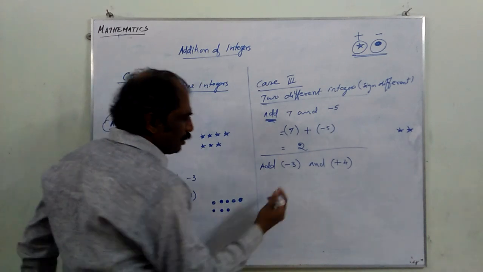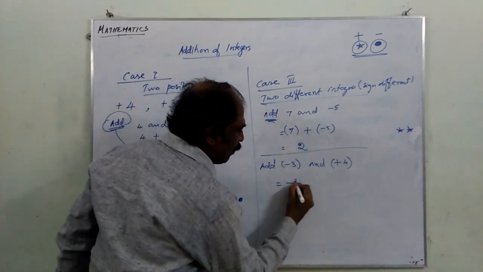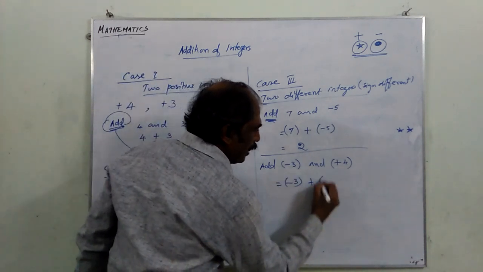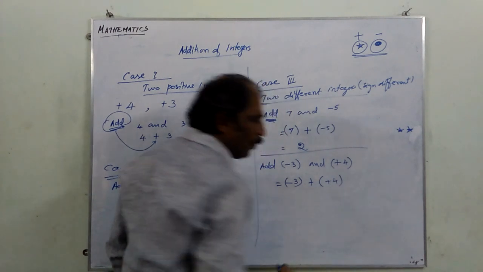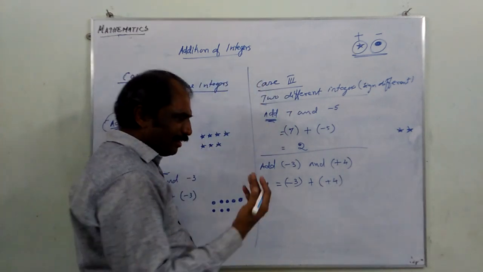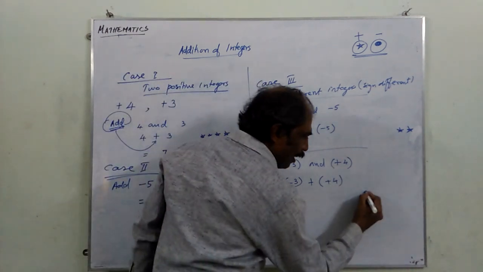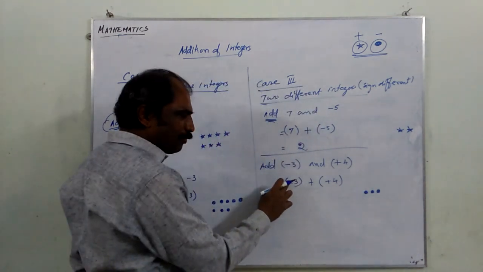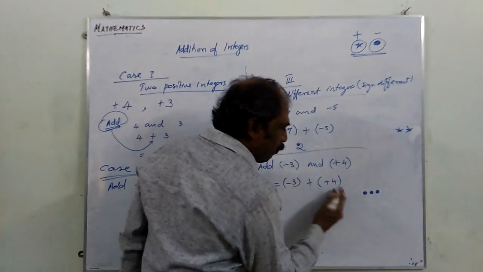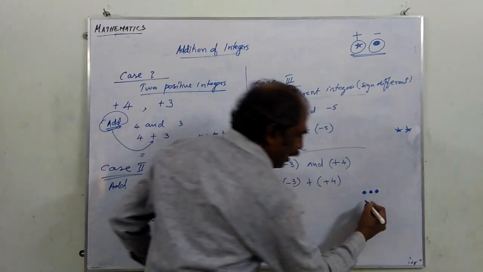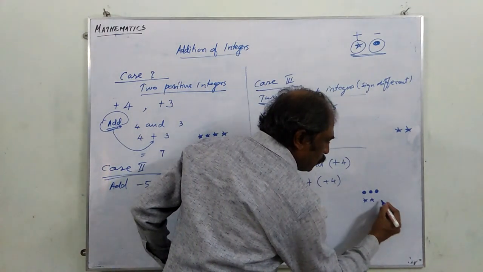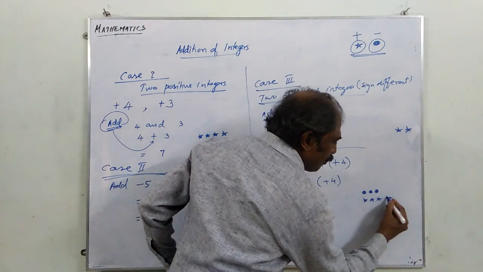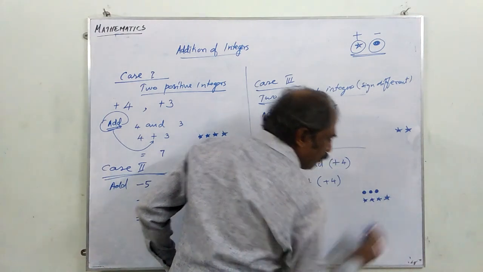Let's see how it becomes. Say, for that you see minus 3 plus 4. 1, 2, 3. 3 dots for this minus 3 and 4. Yes, you are correct. 4 stars. 1, 2, 3, 4.